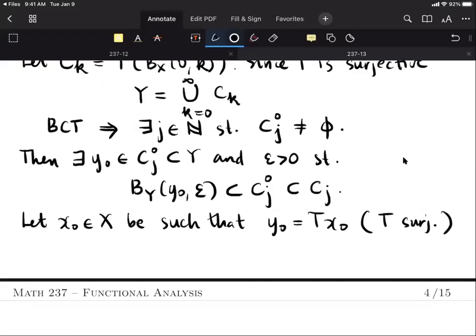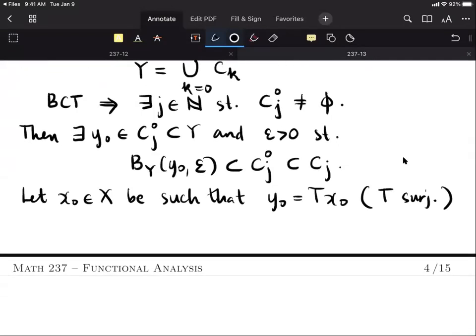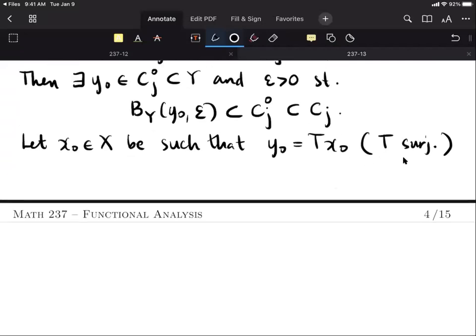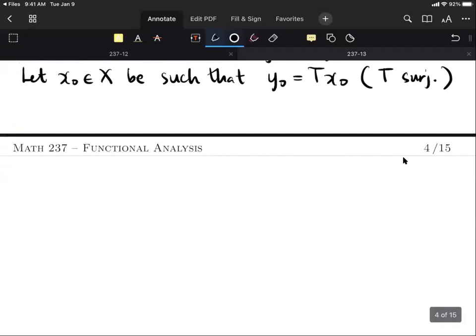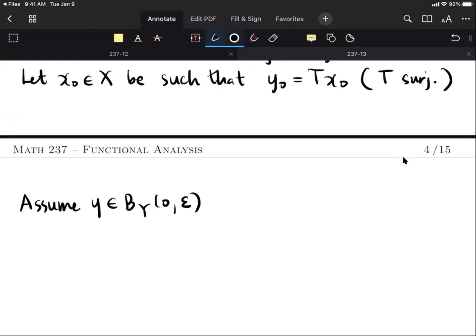So again, we apply the surjectivity of T. So let us assume that I have an element in this ball centered at 0 with radius epsilon.